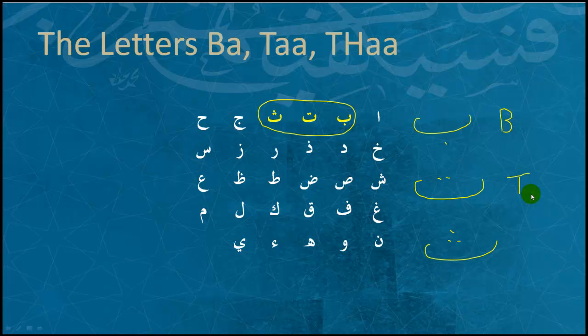T has this hard T sound, but Ta has a very soft T sound. And finally, Tha sounds like TH, as in thin or throw, in those types of words. That TH, it sounds like that. This is the letter Tha.